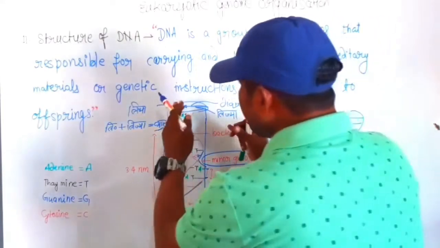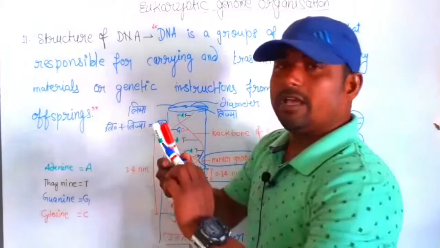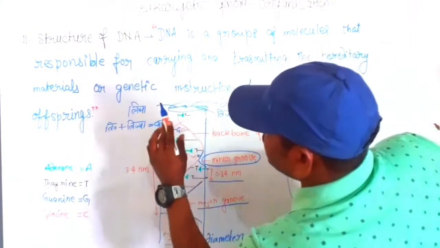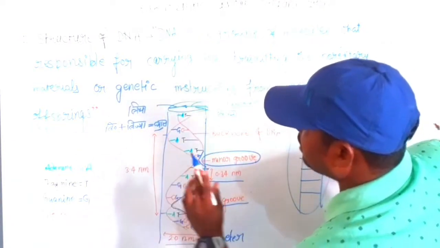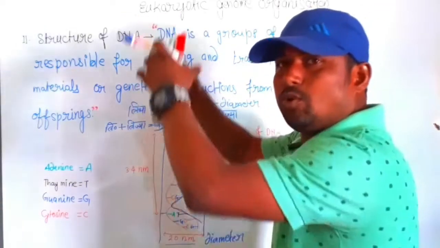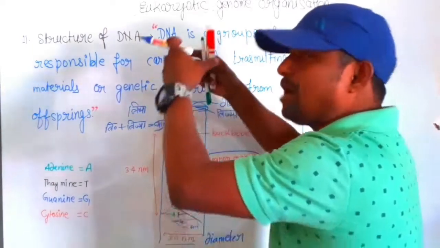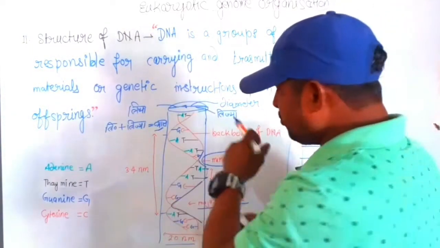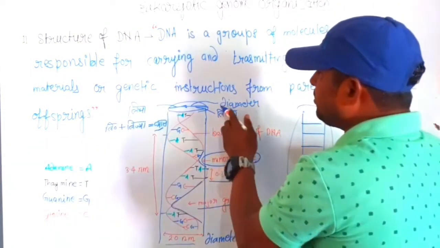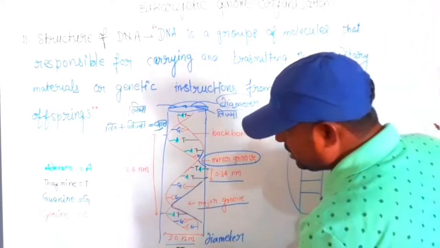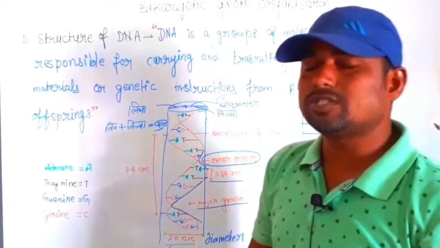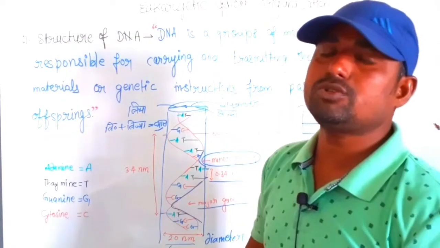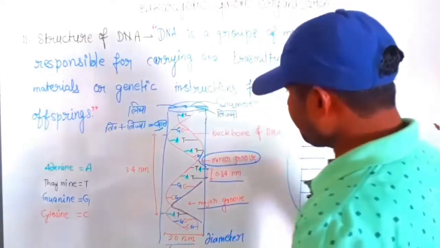So the DNA structure, twisting, makes a hollow structure, a pipe-like structure, which means it has a diameter. Such diameter is 2.0 nanometer. It means 2 nanometer.